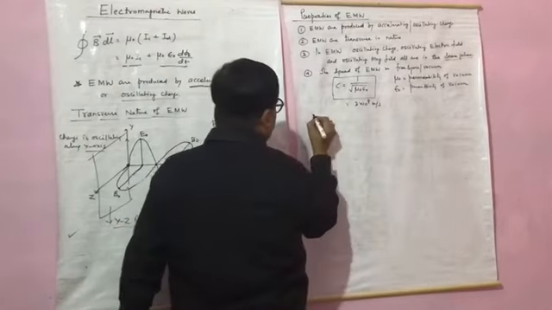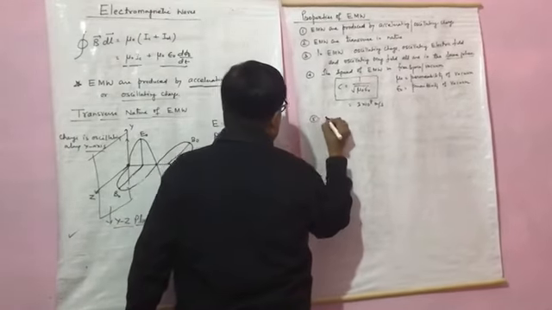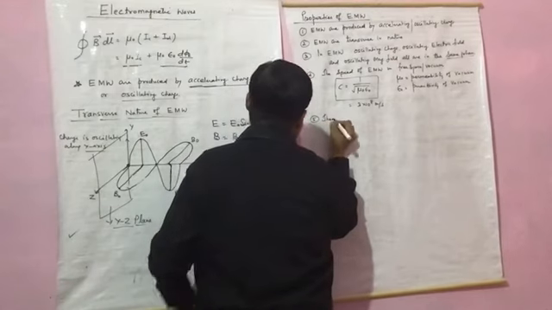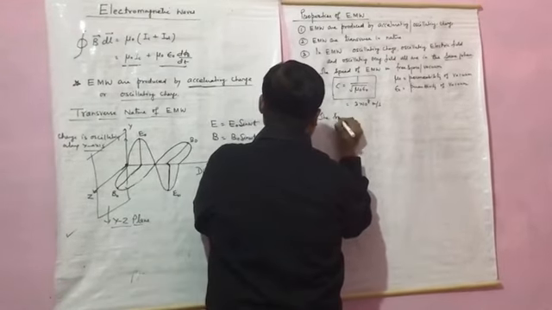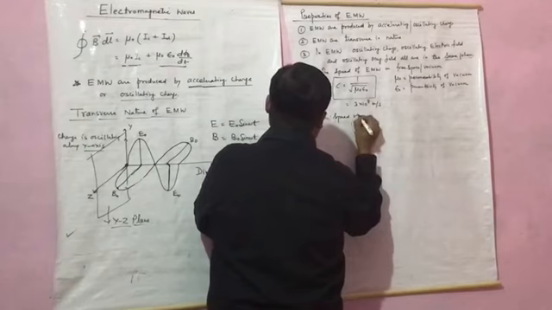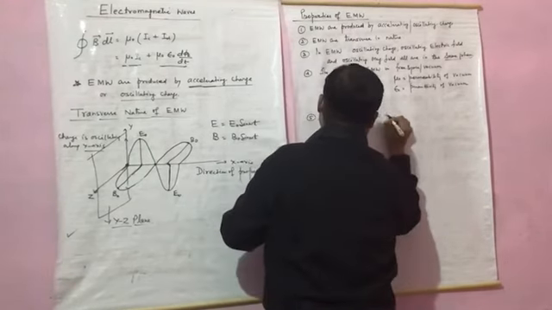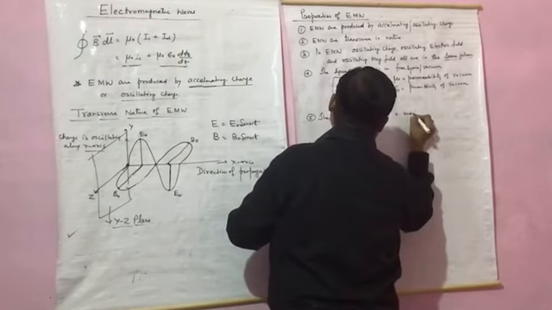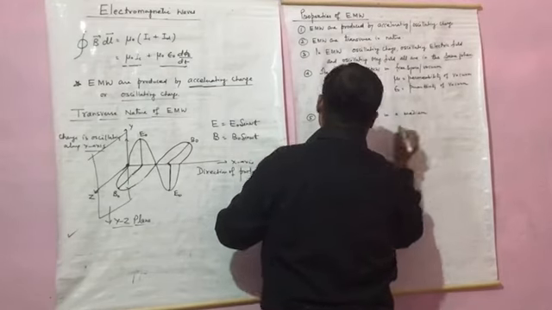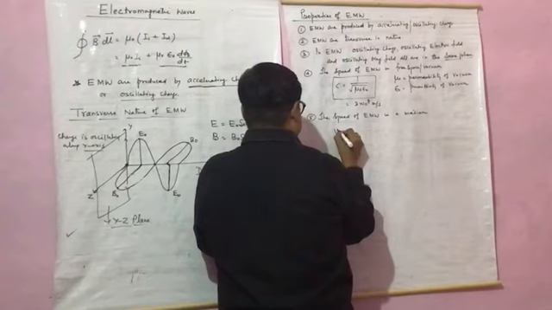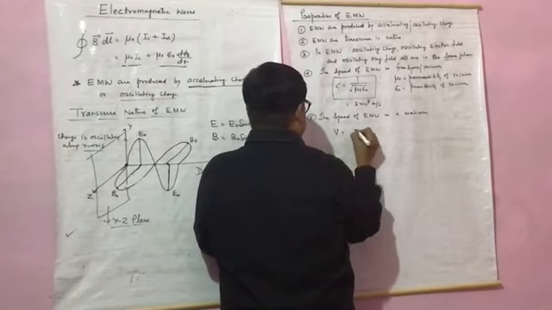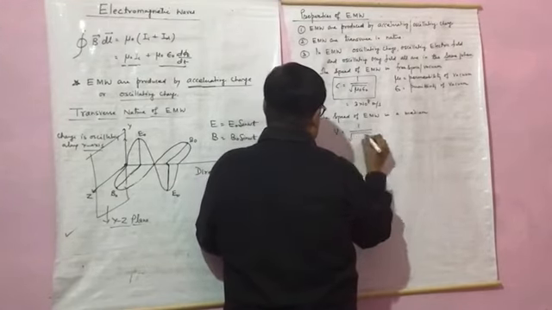Now come to number 5. The speed of EM wave in a medium, it is v. v is 1 by under root mu epsilon.